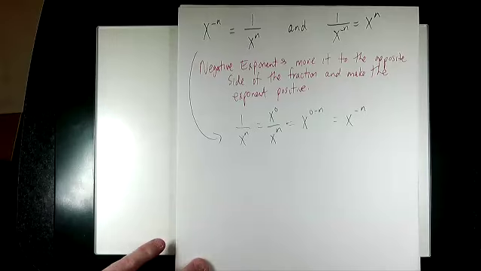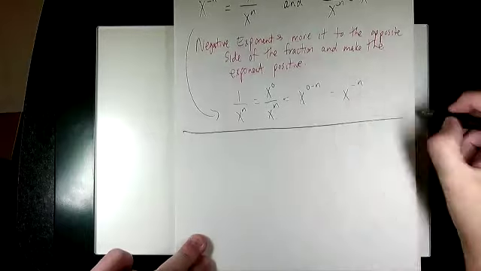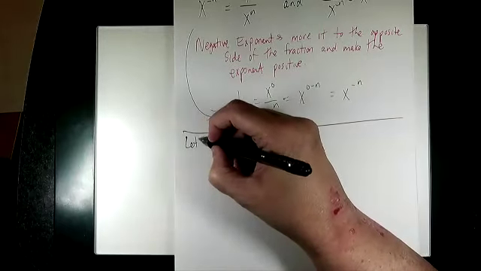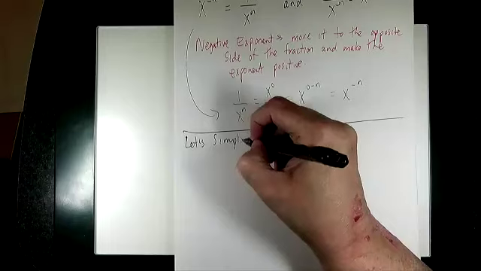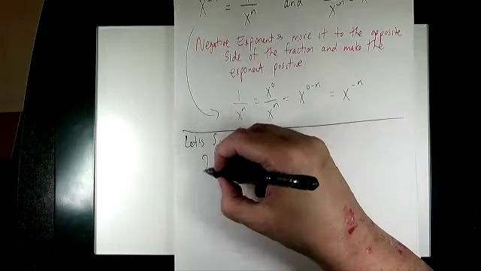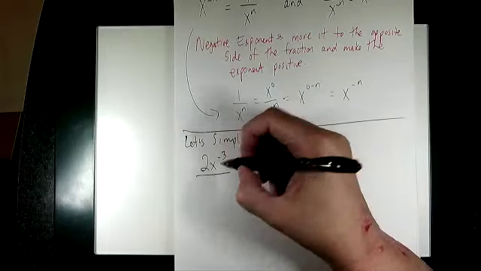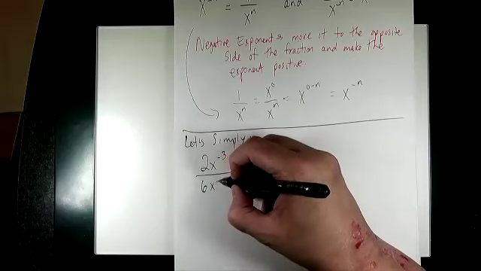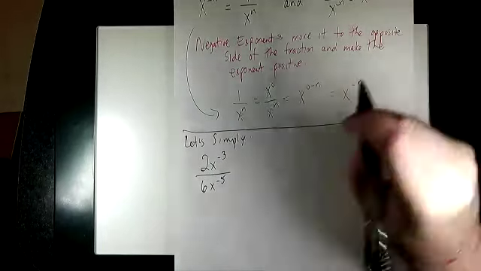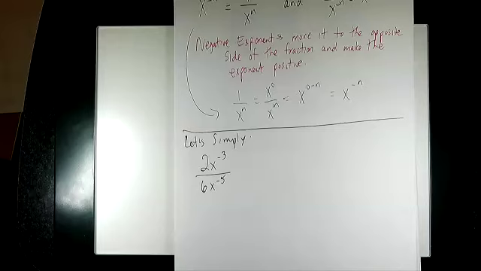Let's do some applications with this, or some simplifying. Let's simplify 2x to the negative 3 over 6x to the negative 5. What happens here?